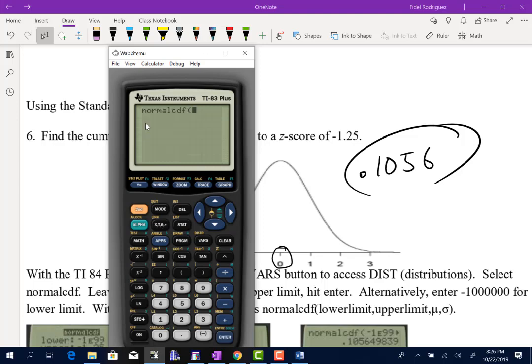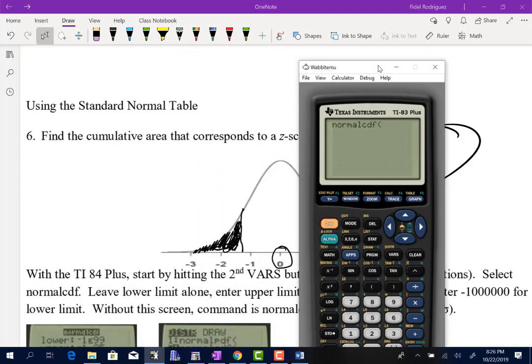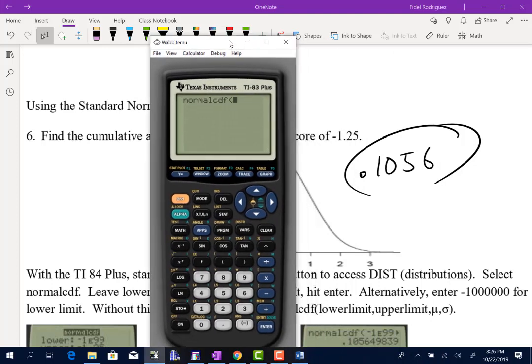Okay. Since we're going all the way to the left, you can type in something like negative 99999, because we're trying to go all the way to the left.